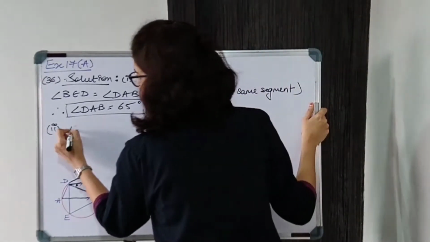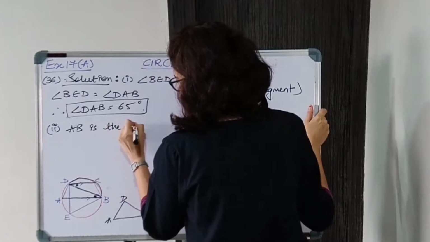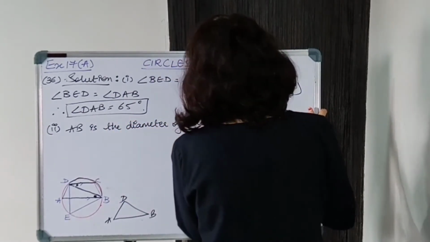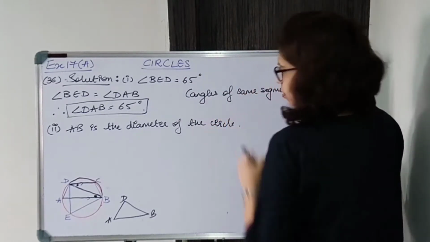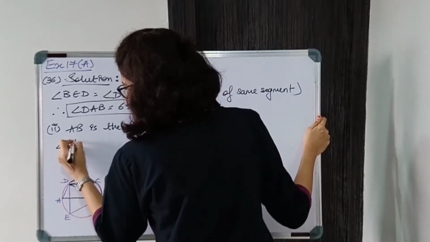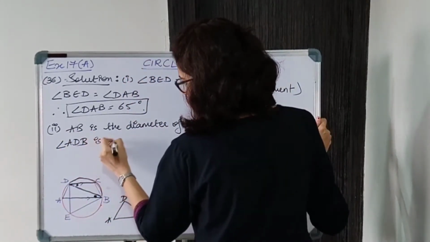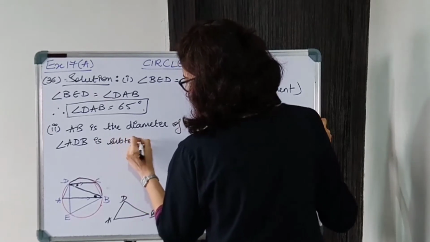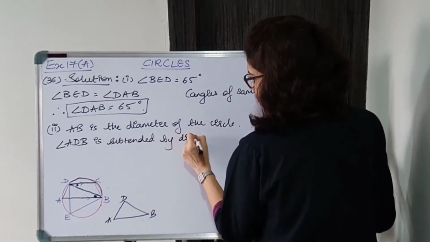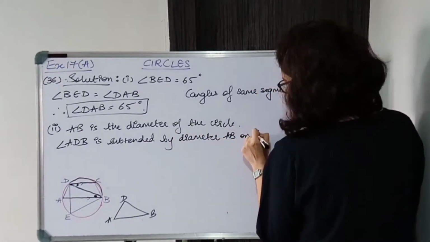So AB is the diameter of the circle. Angle ADB is subtended by diameter AB on circumference of the circle.